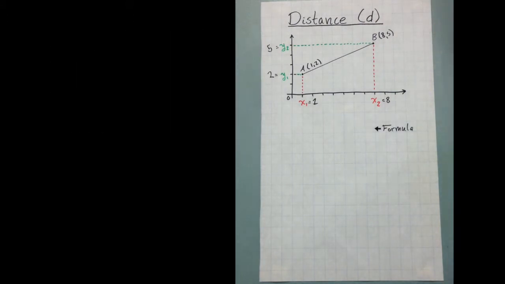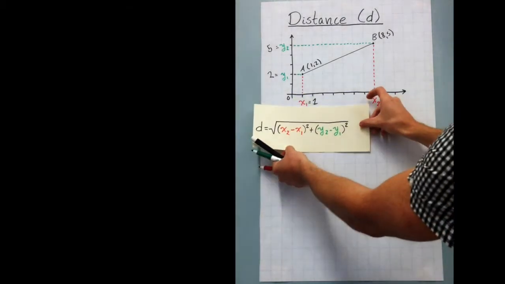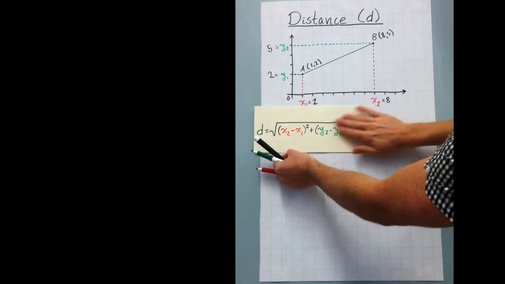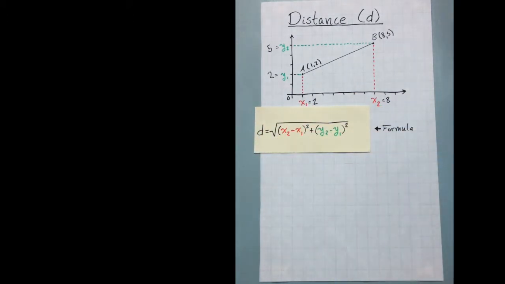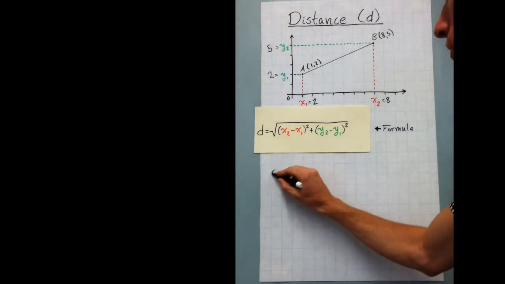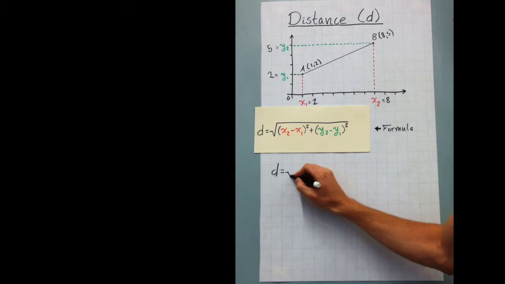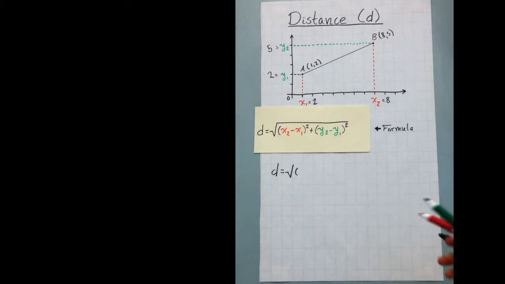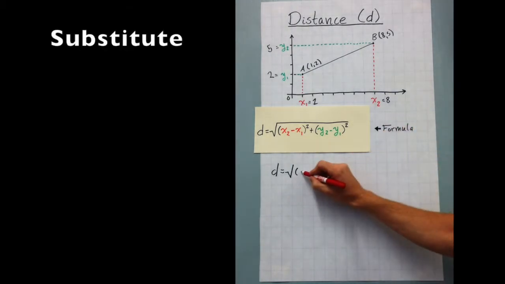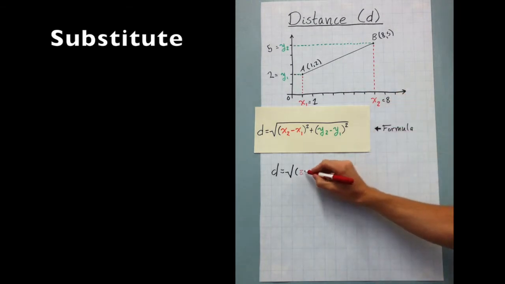Now that we've found our coordinates, we need to use the distance formula. This thing looks horrifying, but just like the midpoint formula, it's pretty straightforward. It basically becomes an algebraic plug and chug. So, as always, let's start by rewriting the formula. So we have our x2 is 8. Make sure you're putting x2 first.